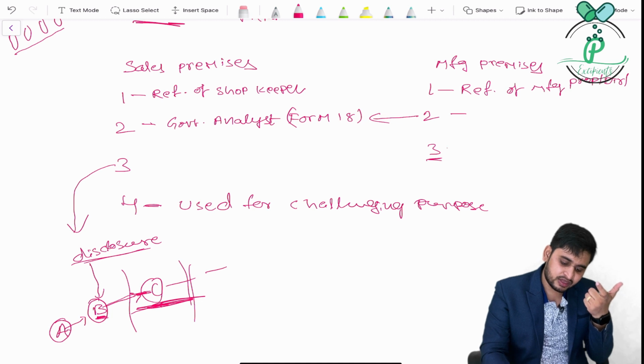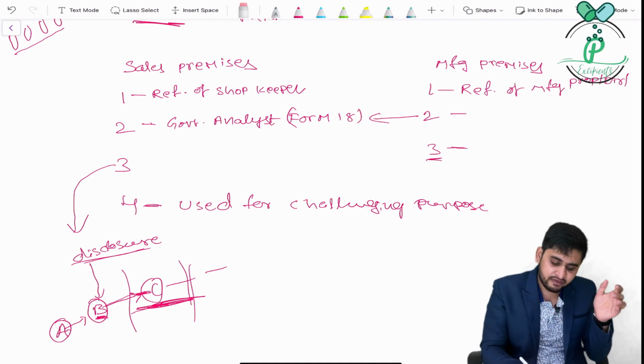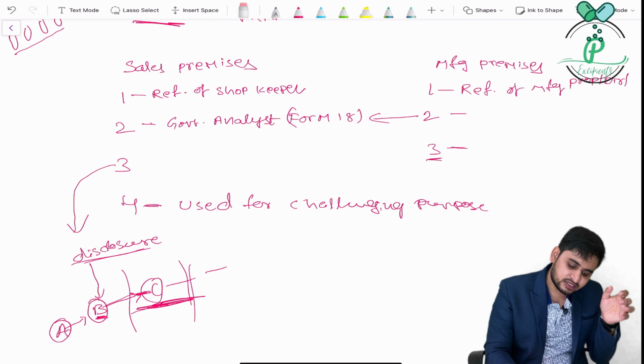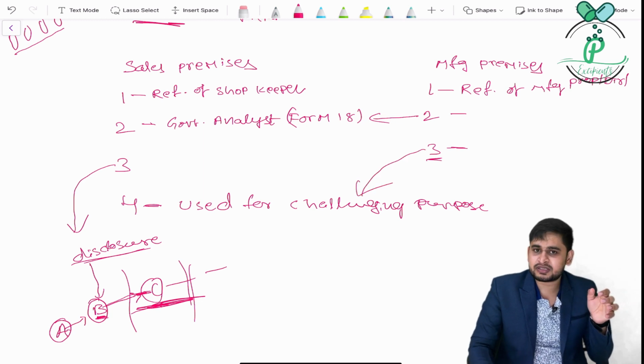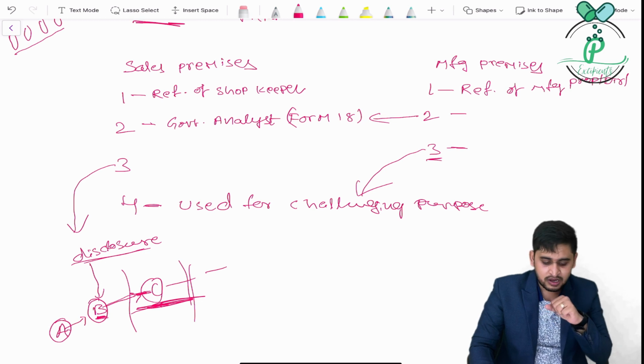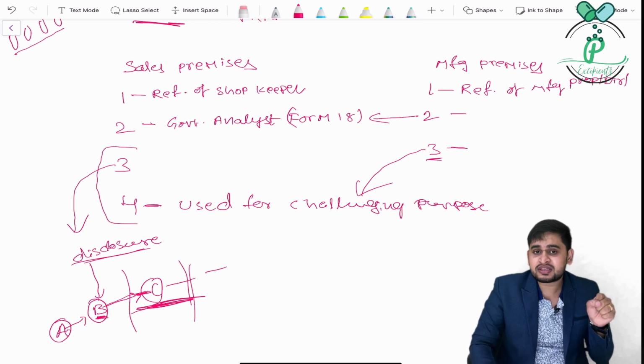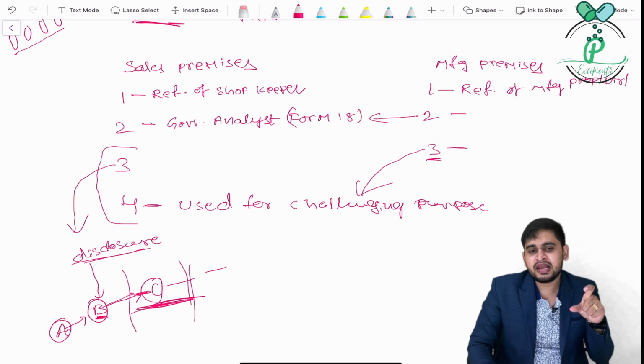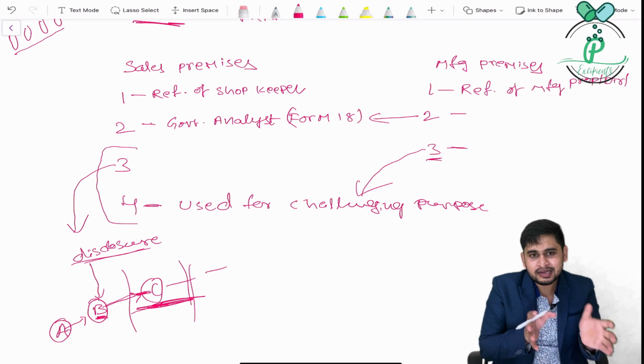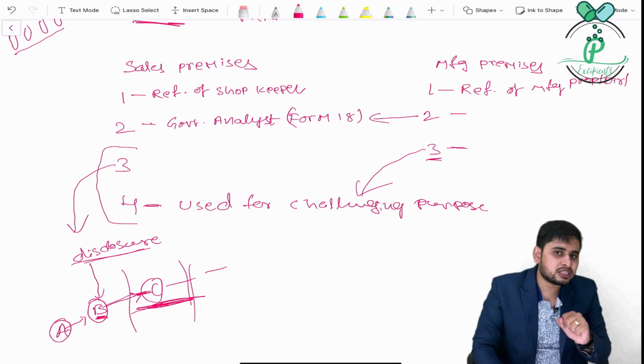So that's why this sample portion 3 will be used for the challenging purpose by the concerned manufacturer. Before the challenging or the investigation, both sample portions will be held in the custody of the concerned drug inspector.